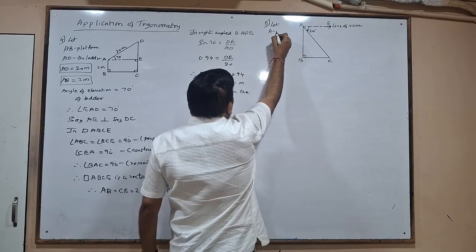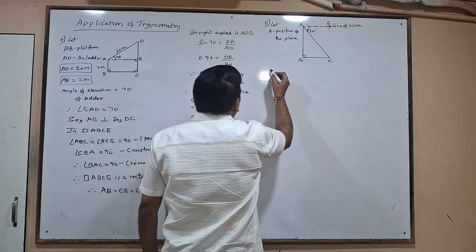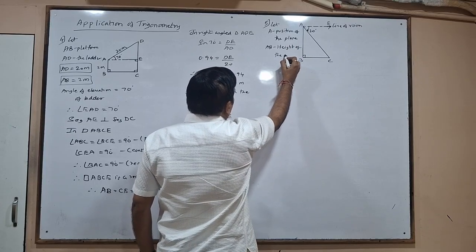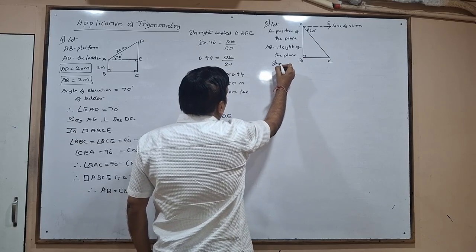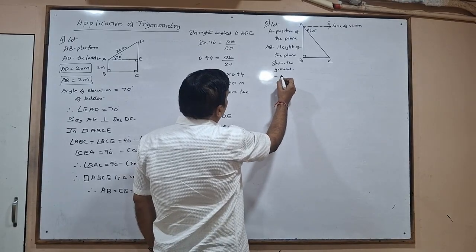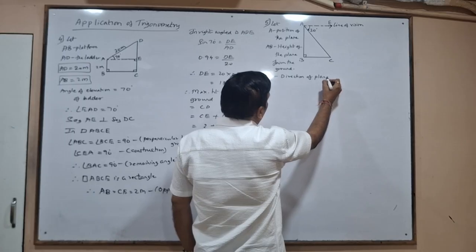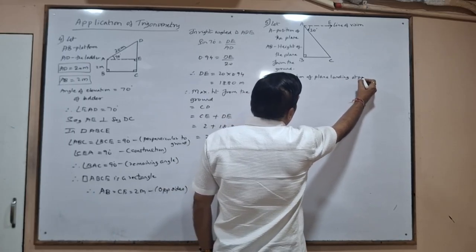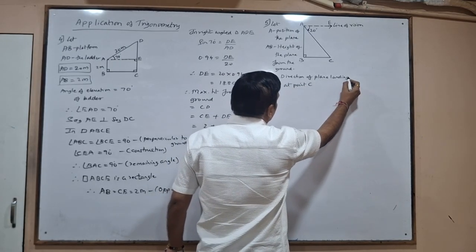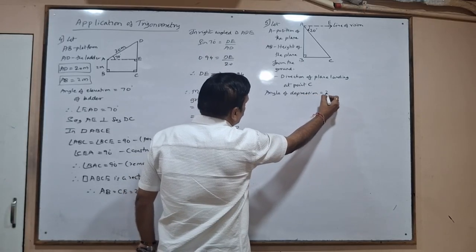let A be the position of the plane, AB, height of the plane from the ground, AC, direction of plane landing at point C. Angle of depression is 20 degree.